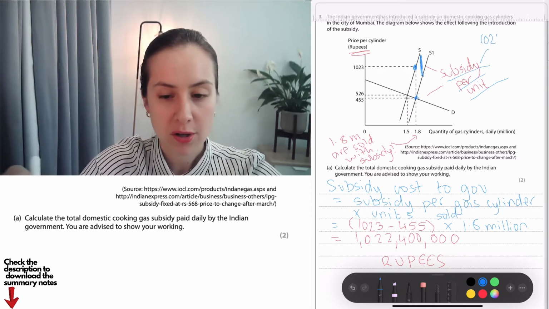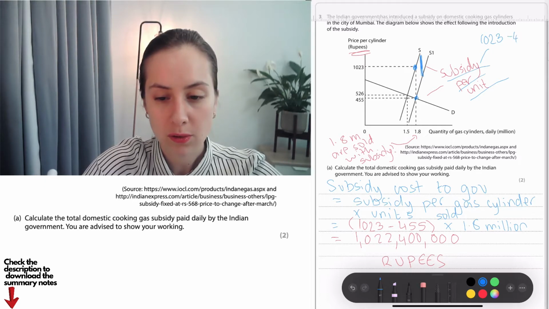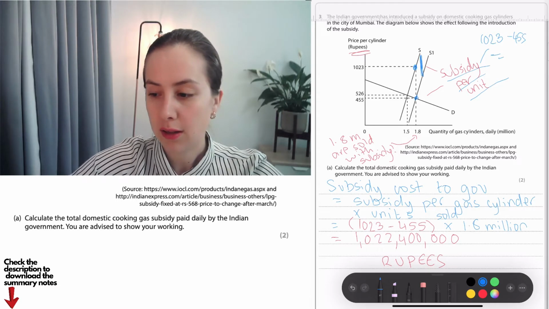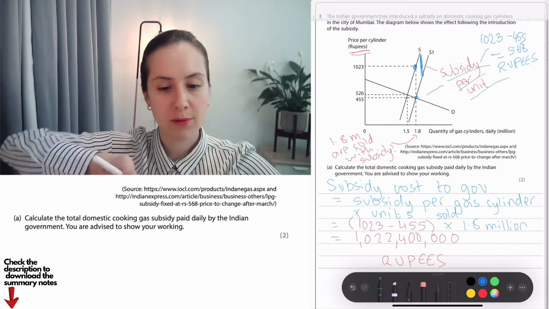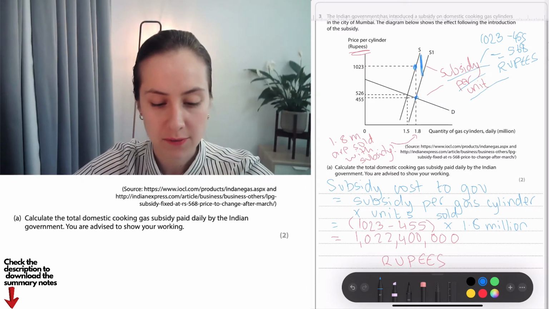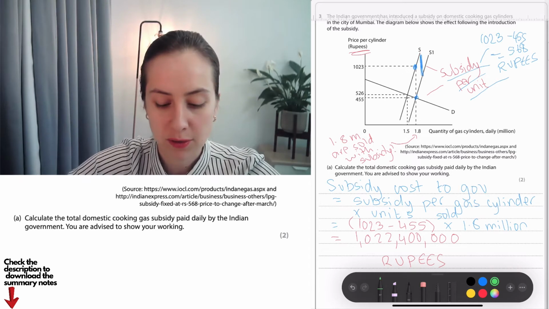So the subsidy per unit is 1023 minus 455, into the calculator, 568. Watch out for the units, it's rupees. That's your subsidy per unit. That's how you can find it out for any question. Subsidy per unit is the gap, the vertical distance between your supply curves. That's not what we're asked, I just went on a tangent.